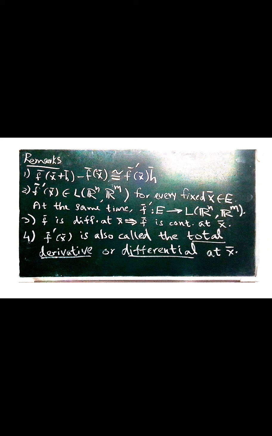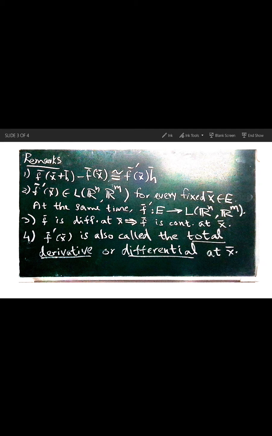And a few remarks. So look at the first one. f of x plus h minus f of x is approximately equal to f dash x into h. Why is it approximately equal?